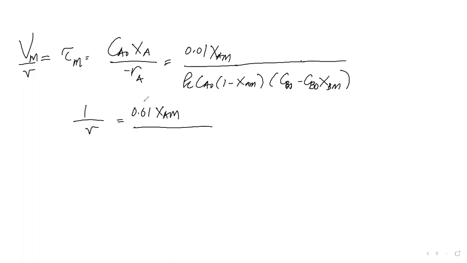By the way, we already have CAO on top, so we can cancel this CAO and this CAO. We will not have to write it again. This is actually CAO, so I'll cancel and cancel, and I don't need to write it here anymore.